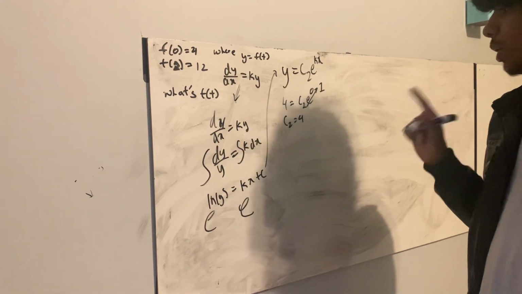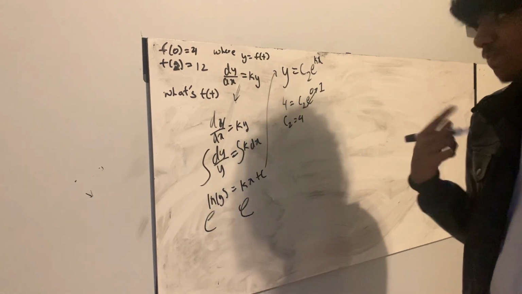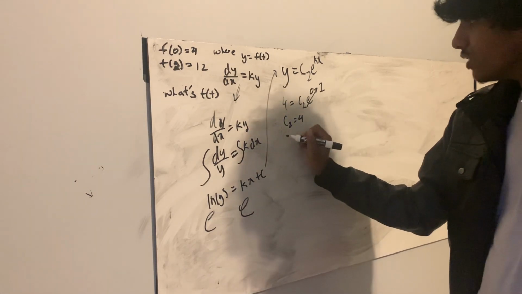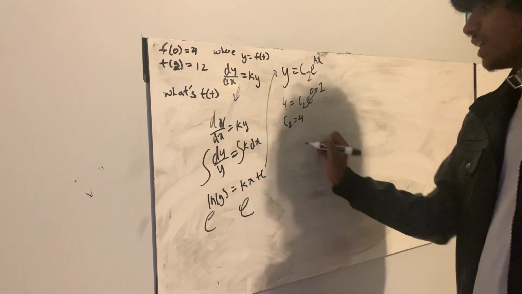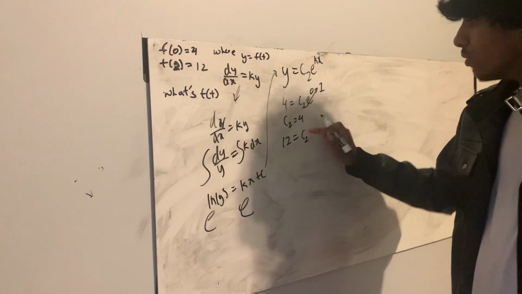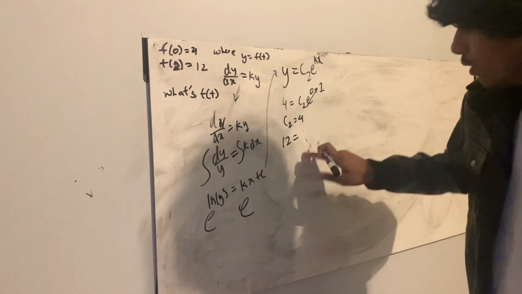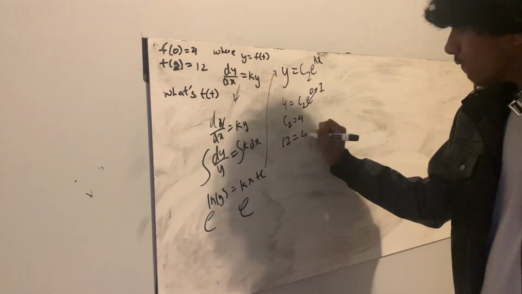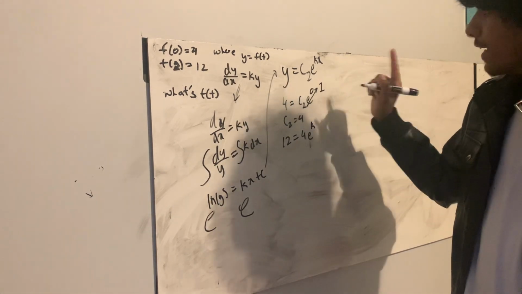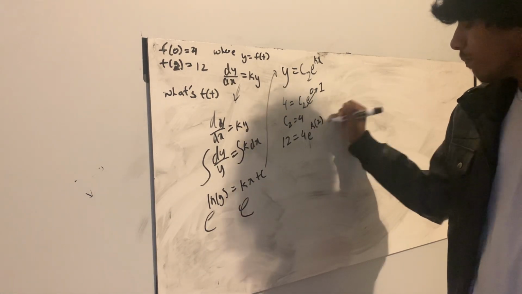Okay, now knowing that c2 is 4, I'm going to find k. Let's plug in the second initial condition to find k. 12 has to be equal to c2, which we know is 4, times e to the k times x, which in this case is 2.